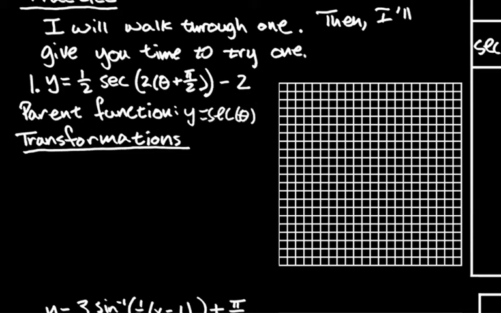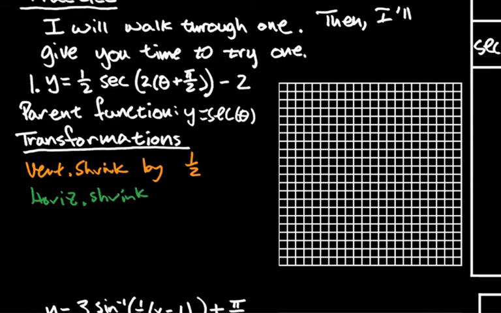Okay, so transformations. The first thing that happens is the 1/2. So that is a vertical shrink by a half. Alright, what's next? We get that 2. That's going to be a horizontal, that's actually a shrink. Alright, and then the next thing that we have here is that pi over 2.